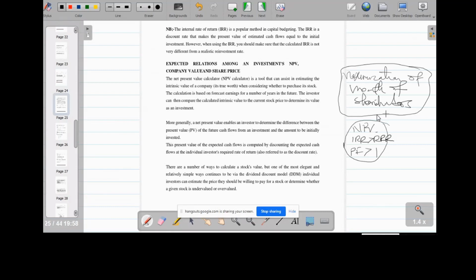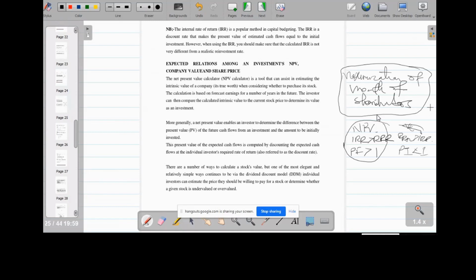But if you are doing the converse, that is investing in projects with negative NPV, projects where the IRR is less than the required rate of return, and projects with PI less than 1, then you'll find that the wealth of the shareholders will be minimal.